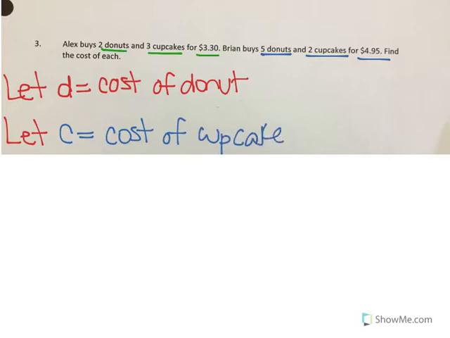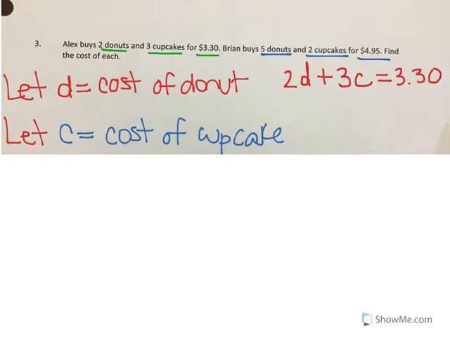Now, it's important with your let statements that you don't just write donut, cupcake. You need to represent whether it's the cost, the quantity. You have to be specific in what you're finding. So now, if we create the equations, this is our cost times quantity equals total concept. So if we have 2 donuts, so 2 times the cost of a donut, which is D, plus we have 3 cupcakes, so 3 times the cost of a cupcake is C, equals the total dollar amount of $3.30.